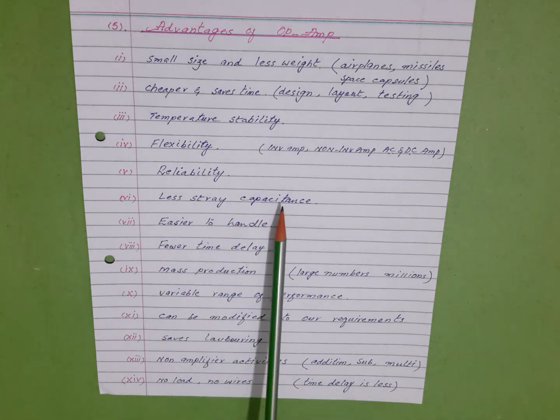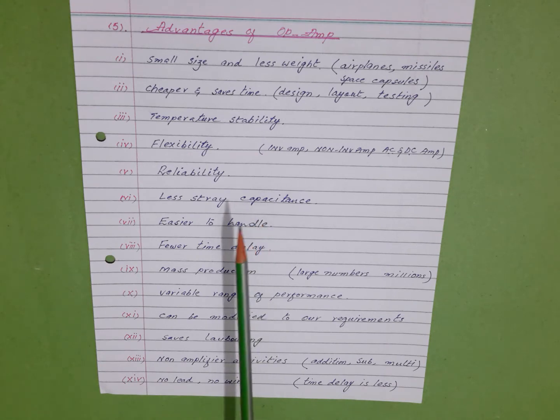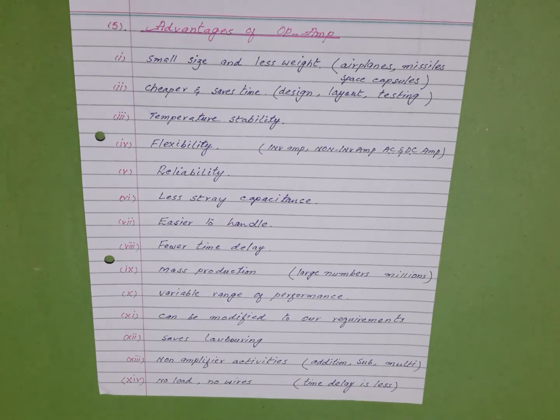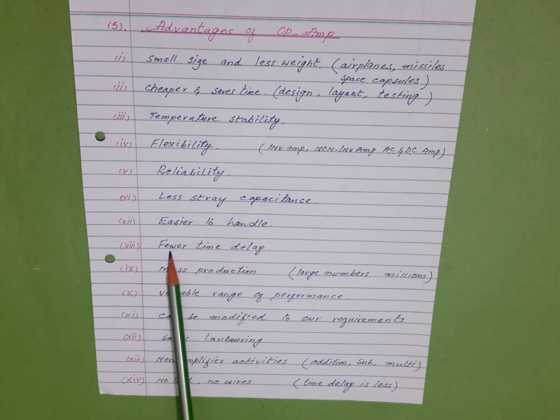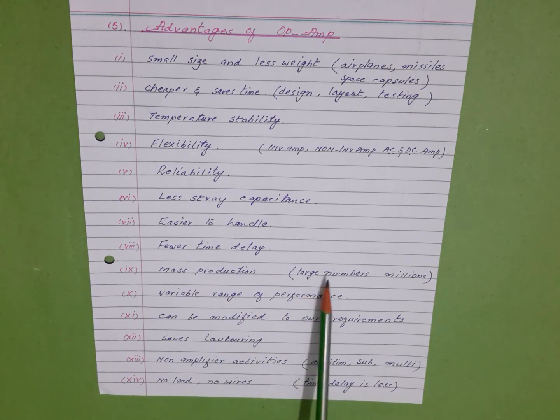Less stray capacitance. Why? Because wires for interconnections are not used, and if you are using wires, a small capacitance in picofarads is formed, called stray capacitance, and it is going to create problems at high frequencies. It is easier to handle, has fewer time delays, and is mass produced, in large numbers in millions.